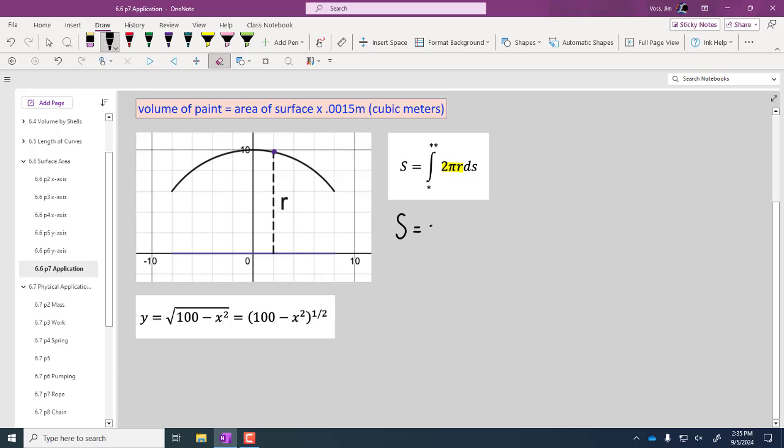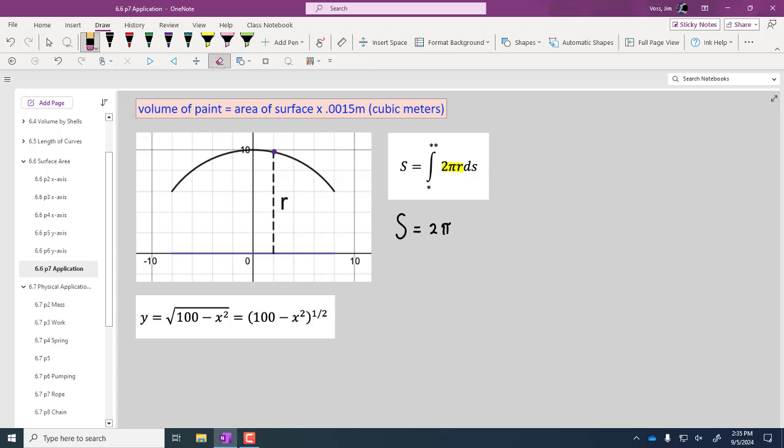So S will equal 2 pi is going to come out to the front. Limits of integration: we could go 0 to 8 and double it, right? Because there's just as much area to the left of the y-axis as there is to the right. So let's use symmetry here.